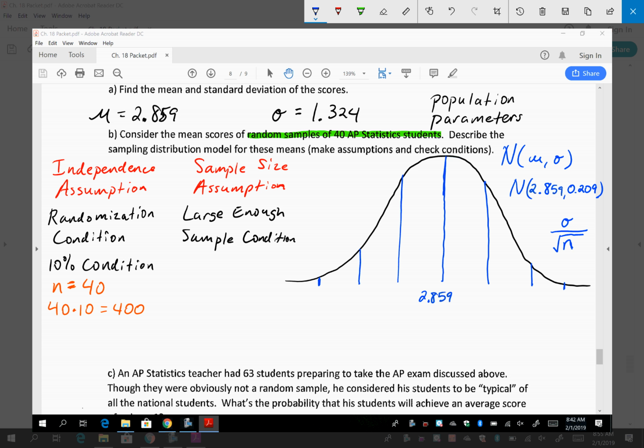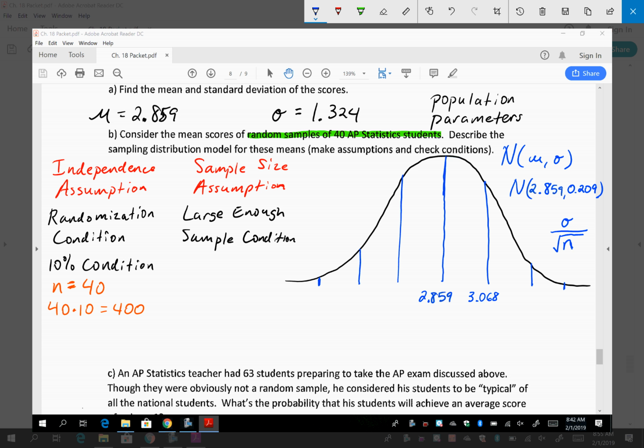All right, so let's take 2.859. Let's go ahead and add and subtract our standard deviation of 0.209. There we go. 2.859 plus 0.209. Okay, so I got the first one is 3.068. Anyone confirm?